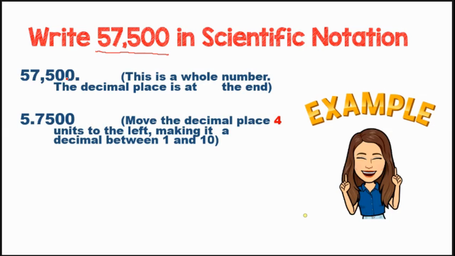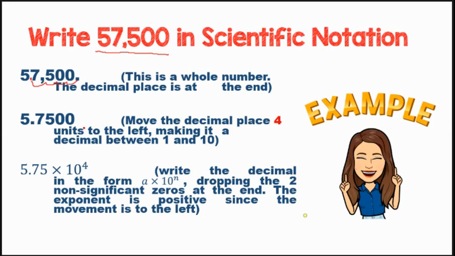Now let's move the decimal place 4 units to the left to make our a greater than 1 but less than 10. So to do that, let's move the decimal place 1, 2, 3, 4. So it should be between the first and the second digit, 5 and 7. So you will end up with 5.7500.